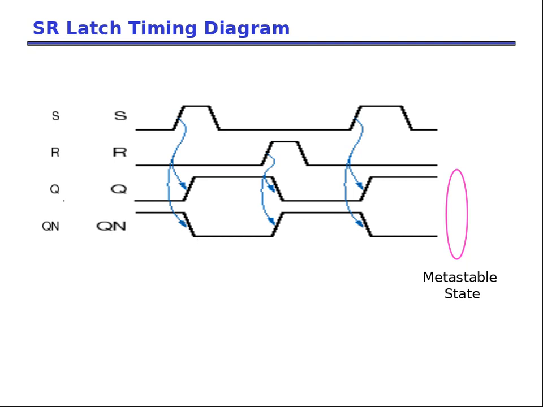So if this doesn't make perfect sense right now, that's okay. Then if you move S down to 0, so you have 0, 0 and it's holding it, then you move the reset line up, that'll reset the values, therefore making Q go back to 0 or low voltage, and Q naught going back to high voltage. You move reset back down so it's holding it, and then you can set it again, et cetera, in order to change the values.